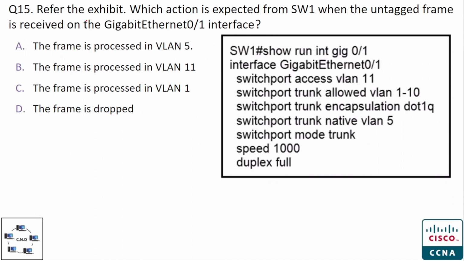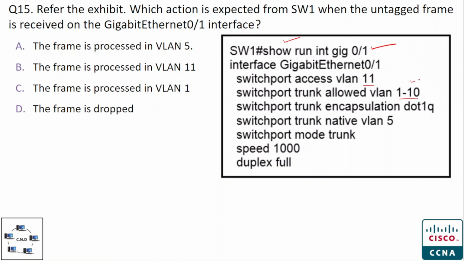Question number 15. Refer to the exhibit. Here we have a configuration on switch 1, the configuration of interface Gigabit 0/1. It is switchport access VLAN 11, and we have switchport trunk allowed VLAN 1 to 10.